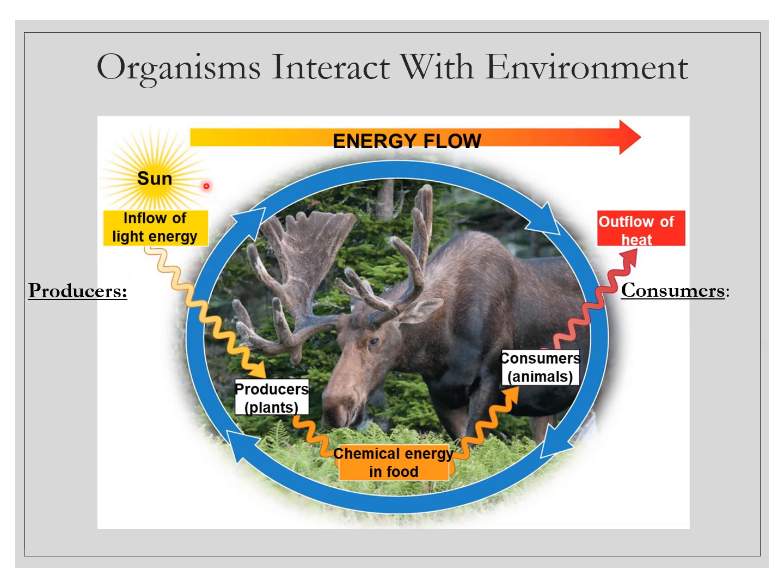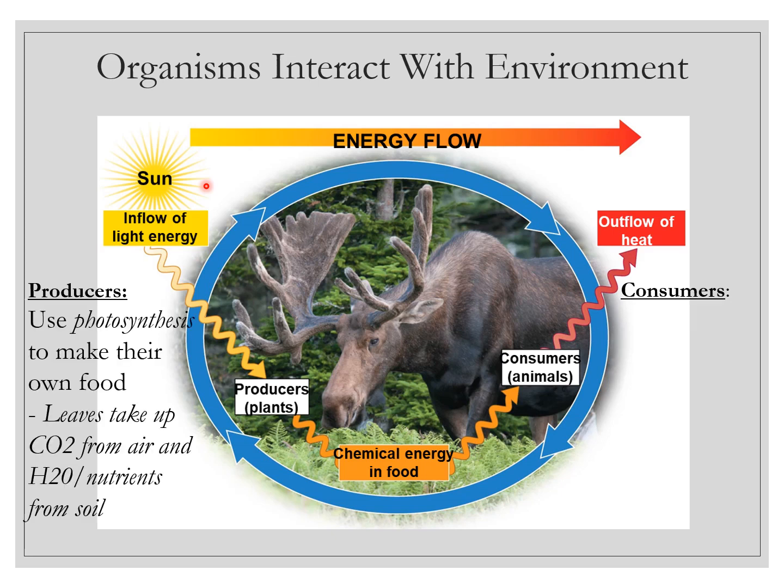Well, plants are the things that are able to harness that energy from the sun. We are not able to do that. So these plants are considered producers, okay? Because they actually use the sun's energy, undergo photosynthesis, and they're able to produce energy, okay?